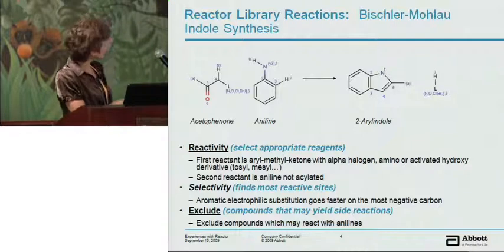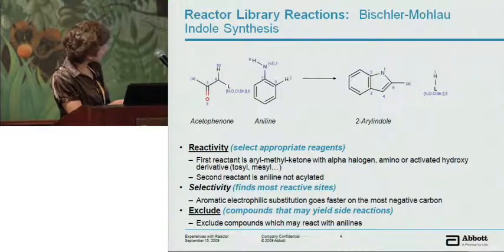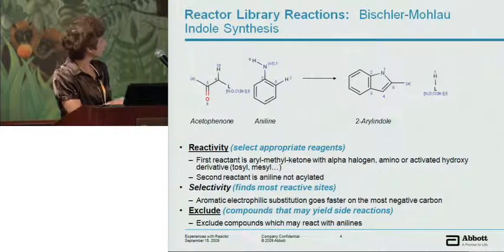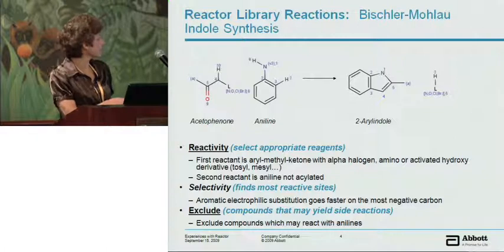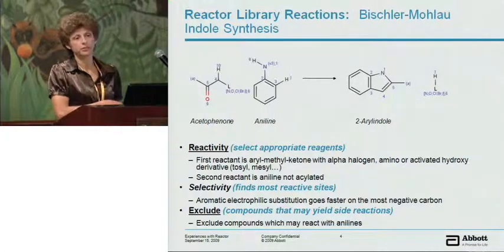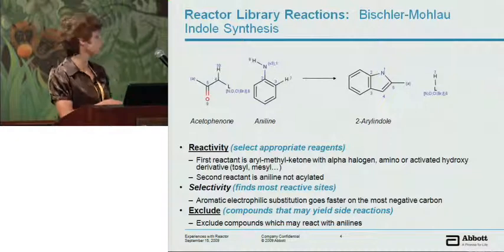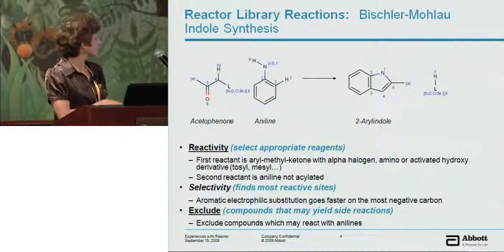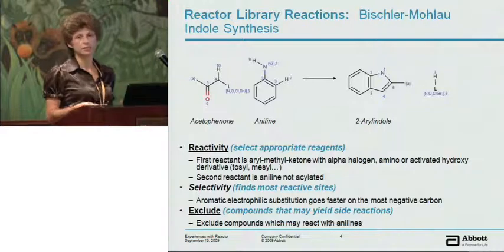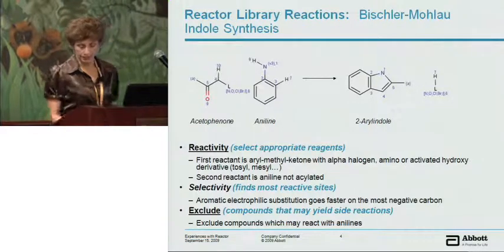So it's looking for some ketone that is halogenated or has some kind of activated hydroxyl group here. And then it's also looking for the second reagent, an aniline, which can't be acylated. Then there are rules built in for selectivity to pick the most reactive site on each of the starting materials. And then there are the exclusion rules that will eliminate any starting materials that would give undesirable products or side reactions.